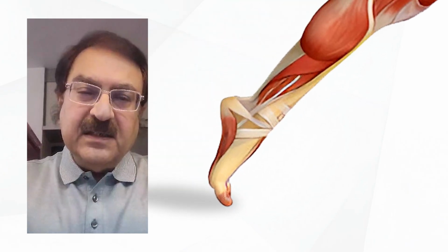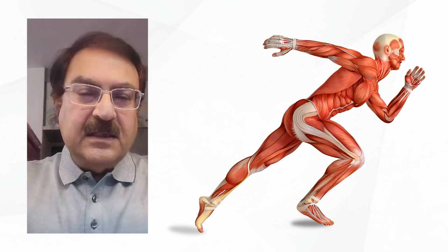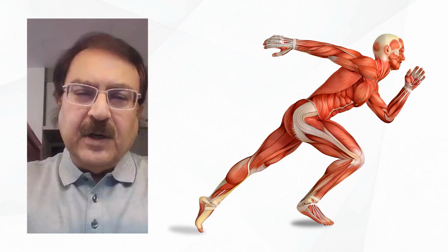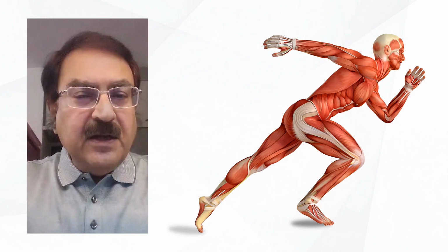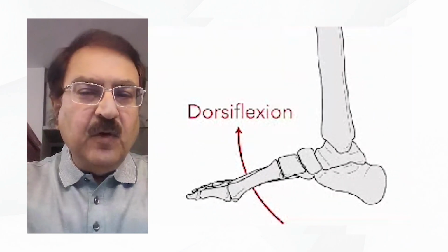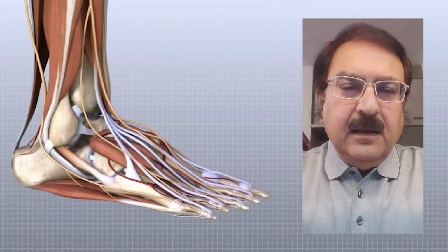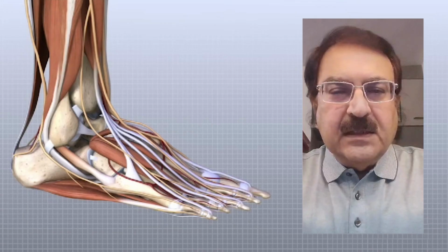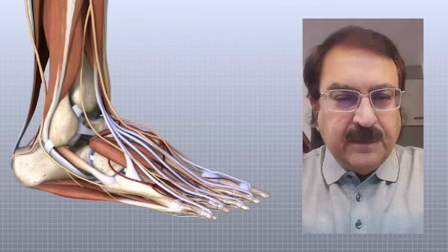Let us begin with the ankle joint. The human ankle is pretty amazing. Not only does it bear the weight of the entire body, it is also incredibly complex and capable of a wide range of movements. The ankle is sometimes referred to as the mortise and tenon joint.